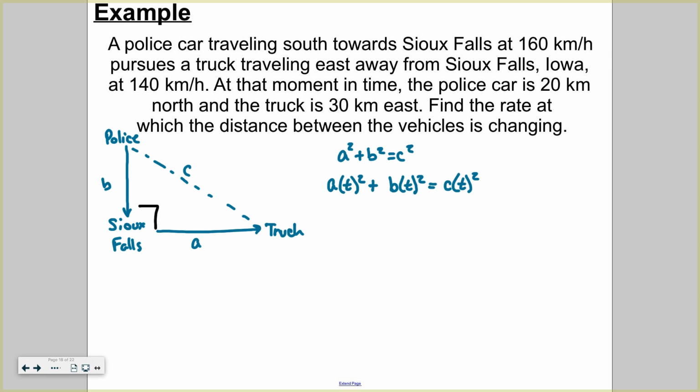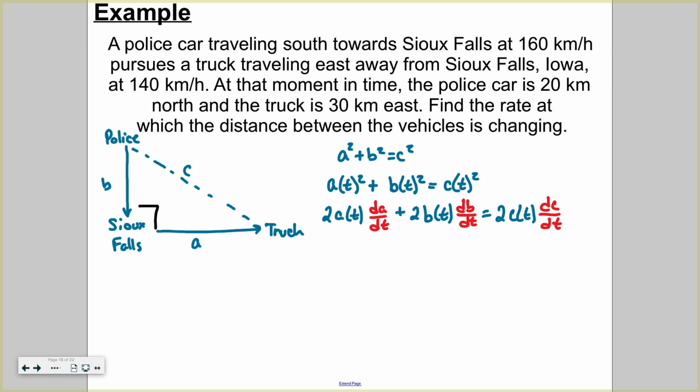And then we can take the derivative of all these things. So we're going to have 2 a of t times dA/dt plus 2 b of t times dB/dt, and that is going to equal 2 c of t times dc/dt.